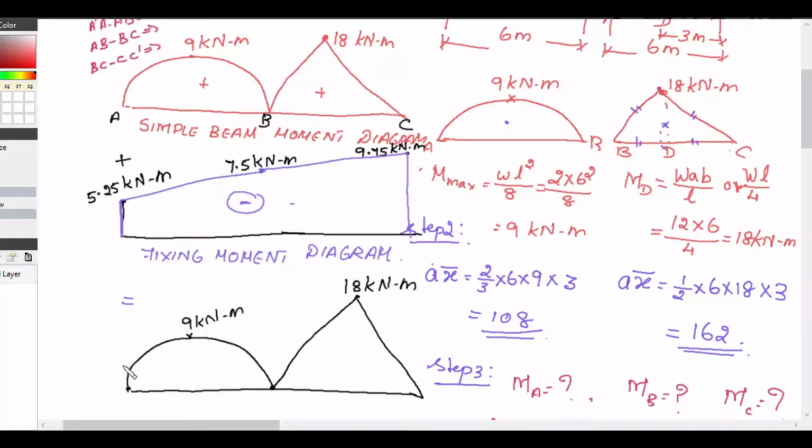At A we have a negative moment of 5.25 kilonewton meter. Here we have a negative moment of 7.5 kilonewton meter, and at C we have a moment of 9.75 kilonewton meter.